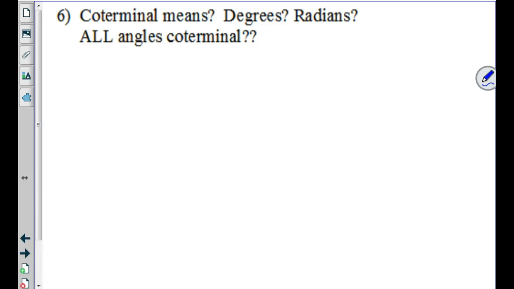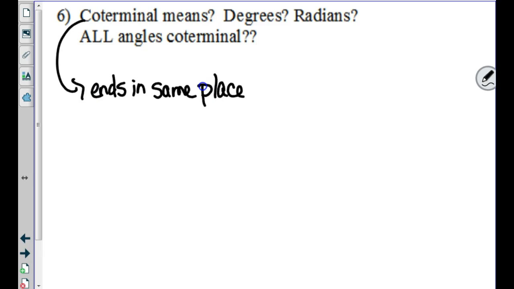All right. Okay, what does coterminal mean? Location, spot, place. So 0 and 360 are coterminal, right?